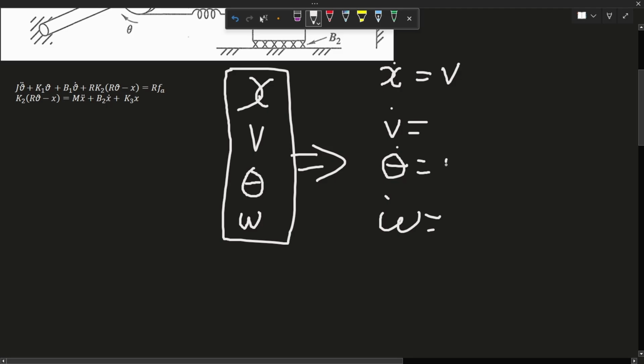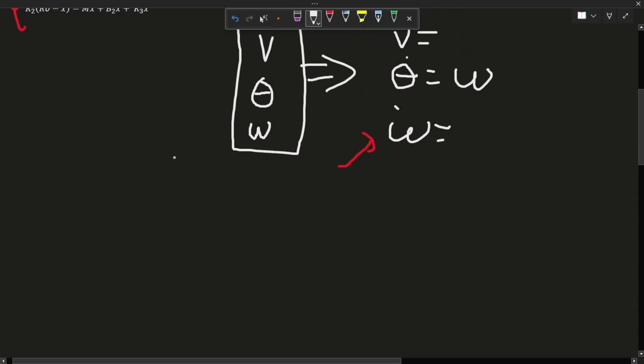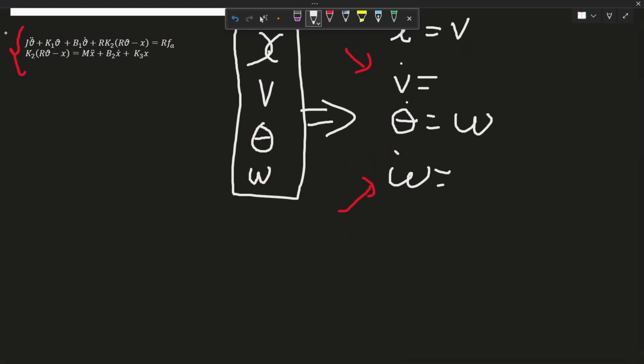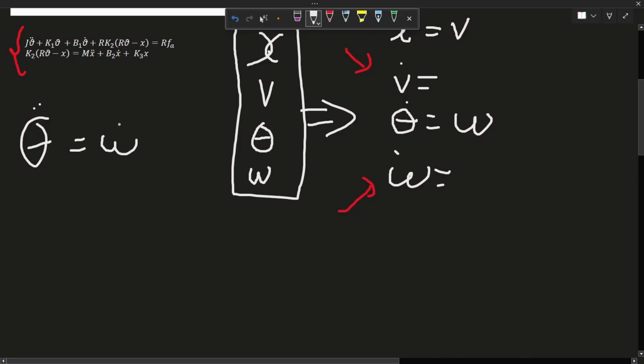Same thing with theta, it's just equal to the angular velocity. To find these two over here, you just have to use this equation and solve for them. It's that easy. Okay? So let's start with the omega. J theta double dot is just the acceleration. That's what we're looking for.